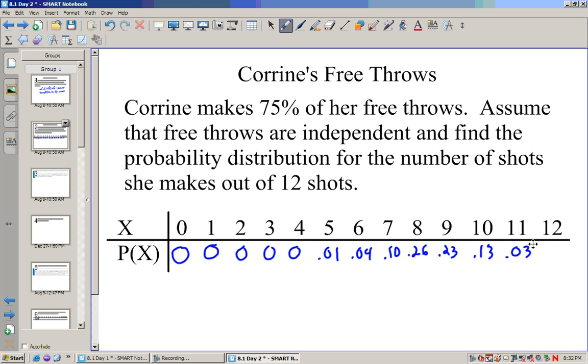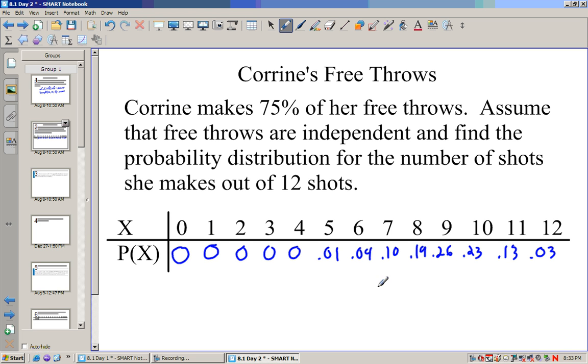Oh, that was one off. Which one did I miss? Got 10, 19. So it should look like this. I apologize. 4%, 10, and then 19%, then 26 matches up. Okay, now it looks right.